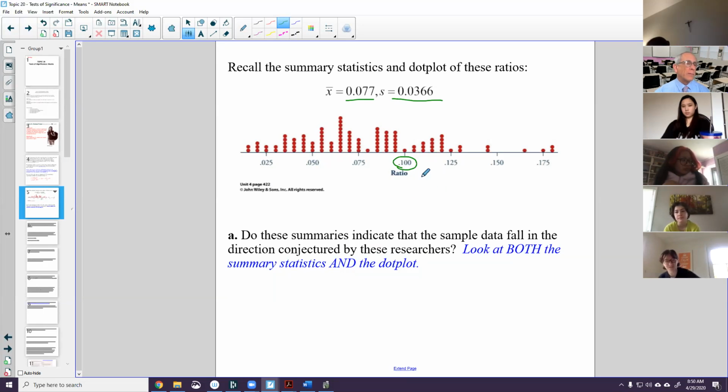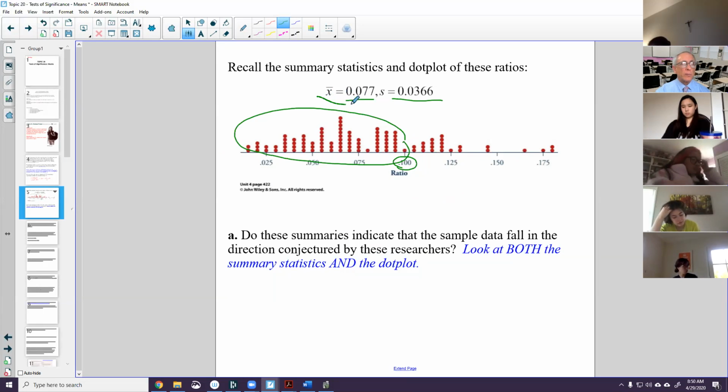Does it look like for the most part, more people have less than 10% of their body weight, or more people have more than 10% of their body weight? Less than. I would say it looks like less than to me also, right? This part of the dot plot has a lot more dots, and when I look at my sample statistic, the mean that I got from my 100 students was less than 0.10. So I'm thinking, hey, it looks like it's less than 0.10. Let's see if it works out statistically.